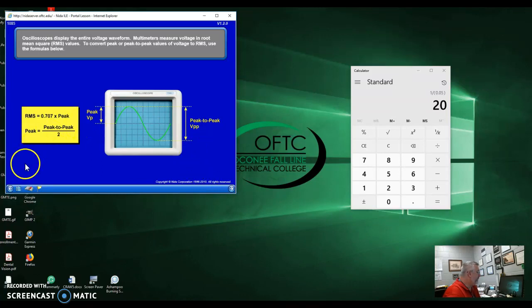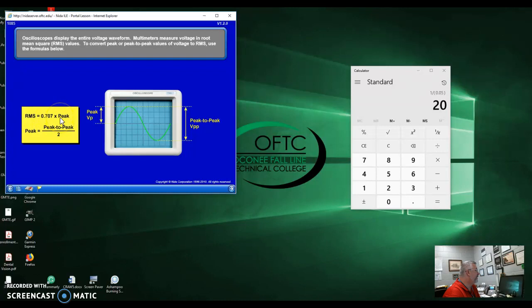And if you actually were to measure a waveform out of the AC line in your home or here at the school, you would measure a higher voltage than 120 volts, because the 120 volts we talk about is the RMS value. To get that RMS, we have to take the peak and multiply it times 0.707.